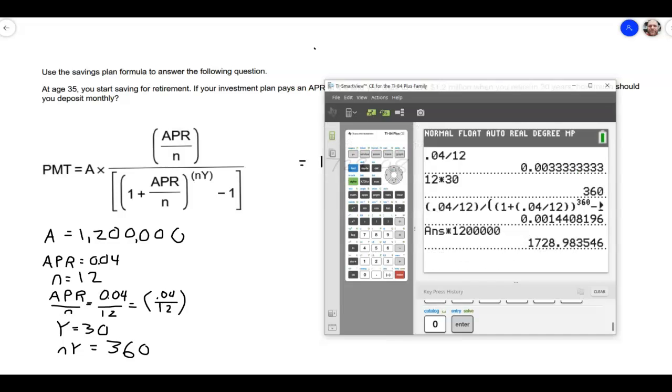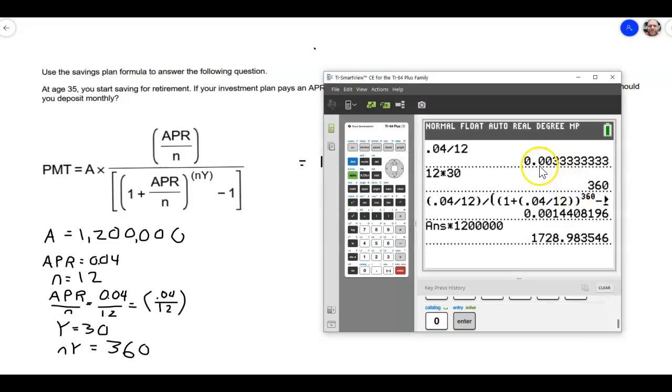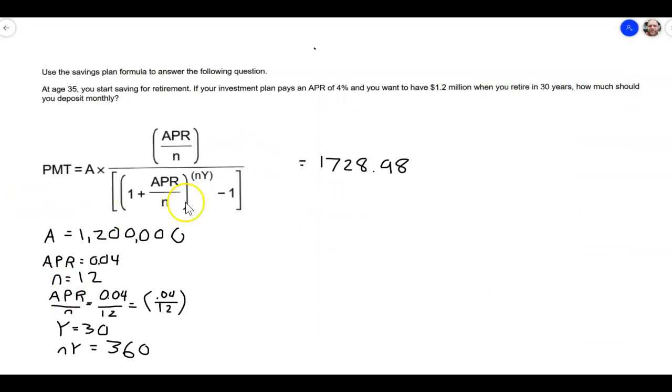If we were to just plug in, for example, 0.003 for that, there's a good chance we would have gotten this wrong because that's not accurate enough to get the final answer correct. The order of operations is really important. Just make sure that you have all of your parentheses. If you're missing some, it's going to do those operations in the incorrect order and give you something that's way off.